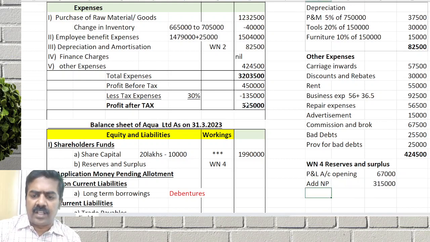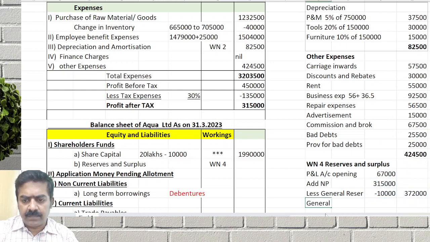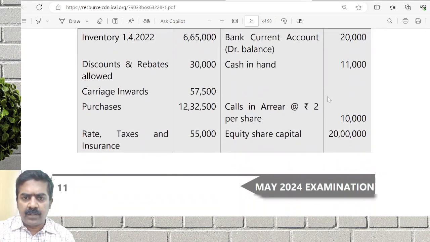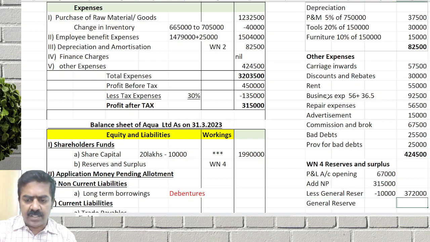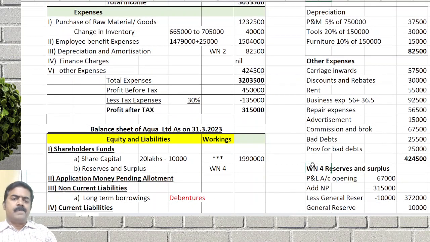Any interim dividend or transfer to reserves? Any general reserve given in the old trial balance? No general reserve given in the old trial balance. So whatever is transferred will come. Any other reserves and surplus in this question?